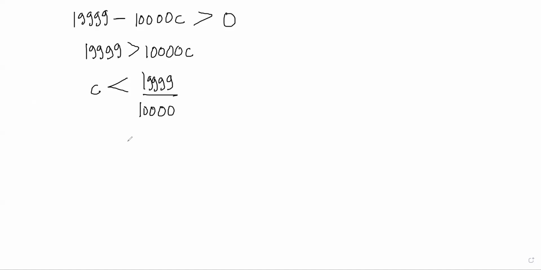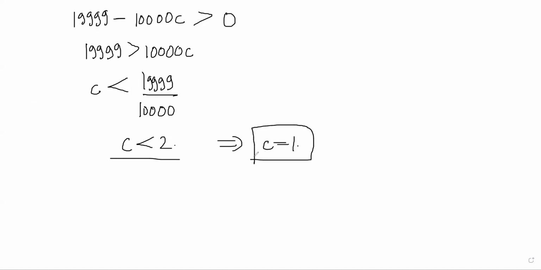So basically you're getting c is less than 2. So that implies c must be 1. c cannot be 0 because it was said that it's a constant positive integer. So we get c equal to 1 basically. We are getting it by comparing the value of a101 and making sure that it's a positive integer.